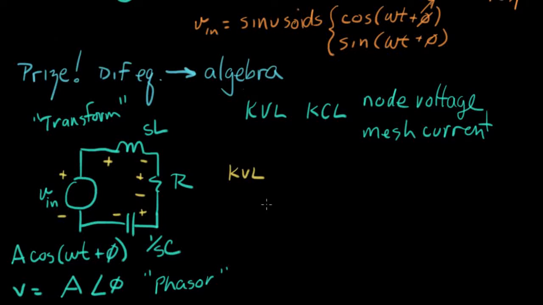And what I get is that Vn is equal to the voltage across the inductor plus the resistor plus the capacitor.